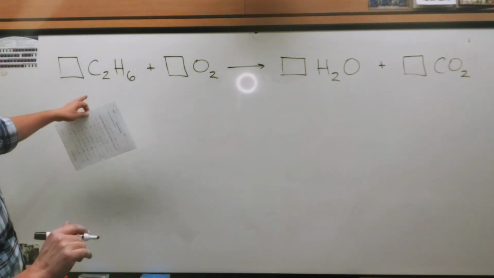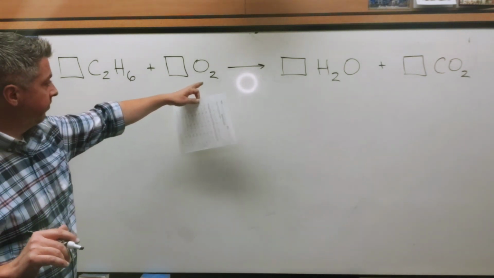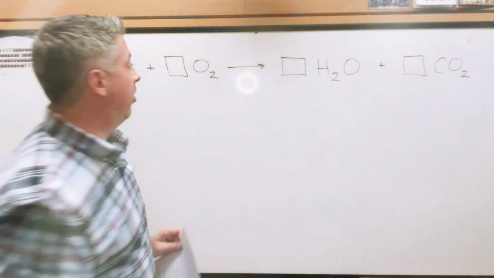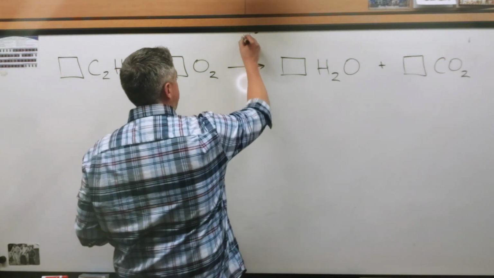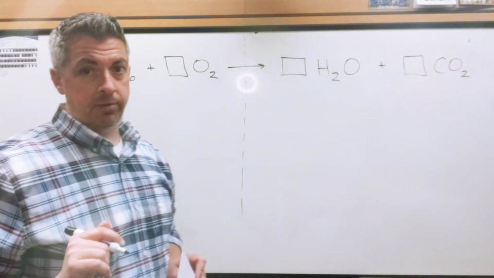We have C2H6 plus O2 yields H2O plus CO2. As always, here's my yield sign. I'm going to put a dashed line where yield is at, and I'm going to take inventory.